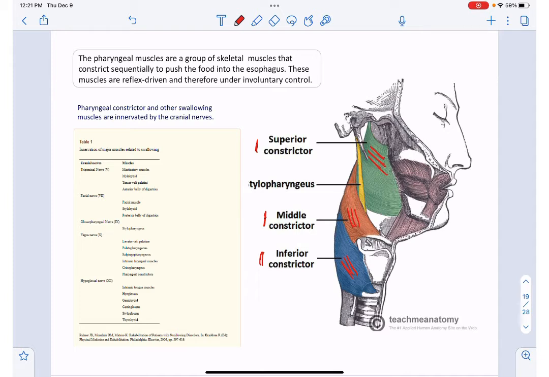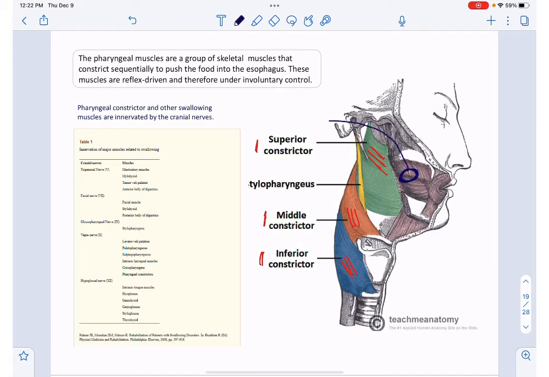We can voluntarily control these. But during the pharyngeal phase of swallowing, this is all involuntary. And so what that means is that you have this sensory stimulus in the oral cavity, like pressure or food chemicals, that's going to stimulate this reflex.